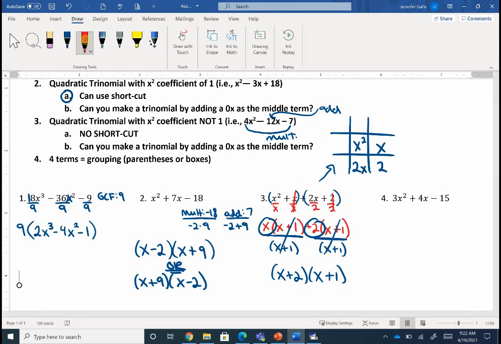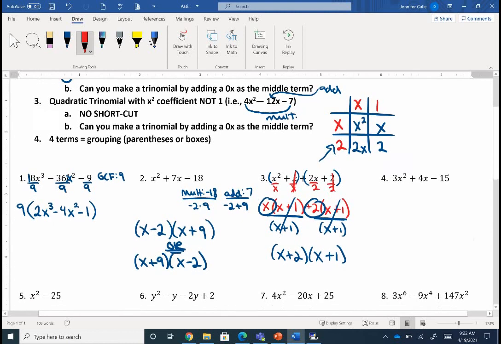All right, so the box method. I can take an x out of the first row. I can take a 2 out of the second row. X out of the first column. Now the second column with the boxes, if you're like, Miss Skylar, there's nothing for me to take out. There's always a 1. Yeah, there's always a 1.